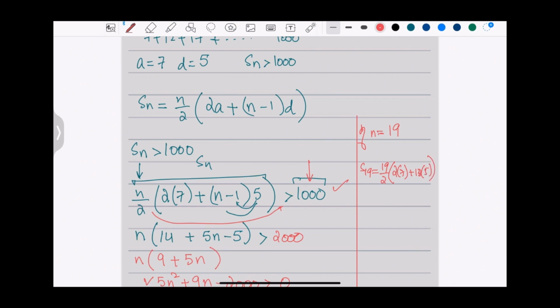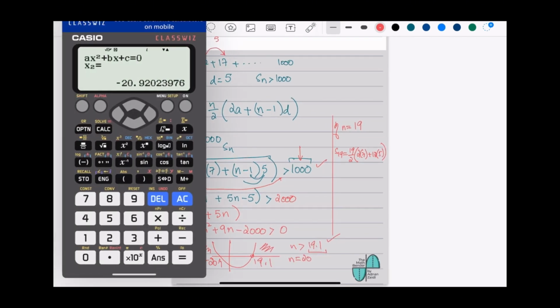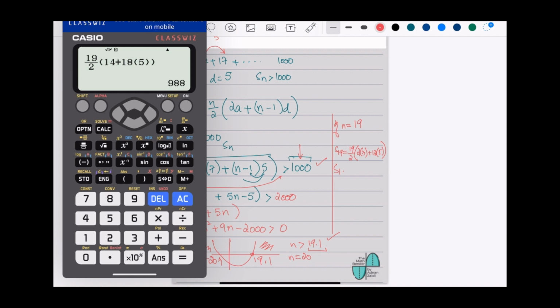I'm just testing it. So 19 over 2 times 14 plus 18 times 5 gives you 988. So the sum of 19 terms is 988.